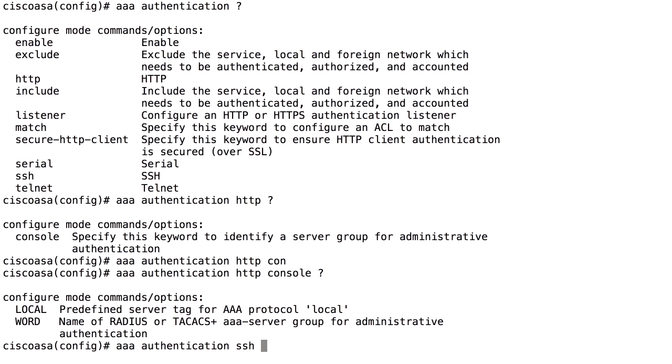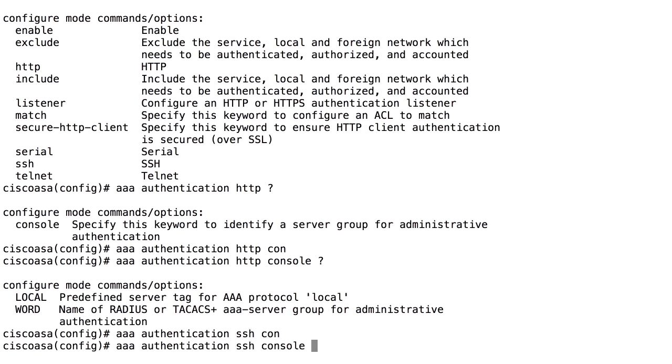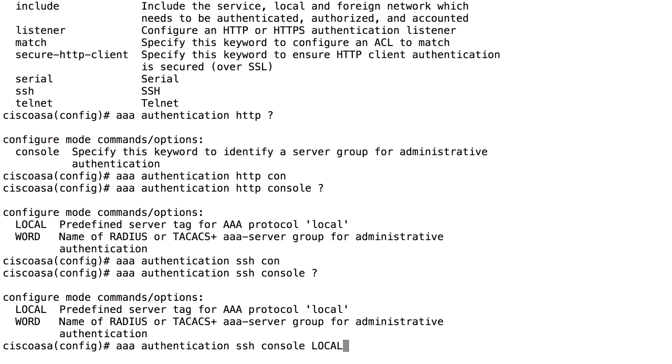Vice versa, we can use the same for SSH console, and we write LOCAL here to say that we use the local database for authentication for SSH sessions, and we use the same for telnet if we want to do that. One thing to mention about telnet connection is that you can never allow telnet access from outside interface. You cannot ever connect to the firewall using telnet on the interface with the lowest security level of the device.